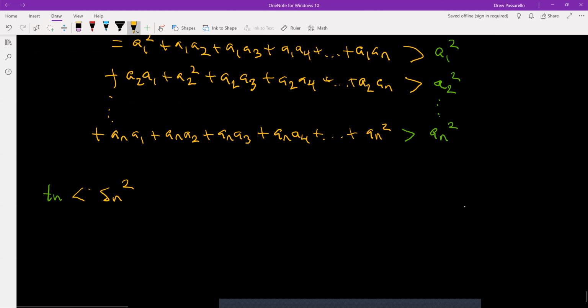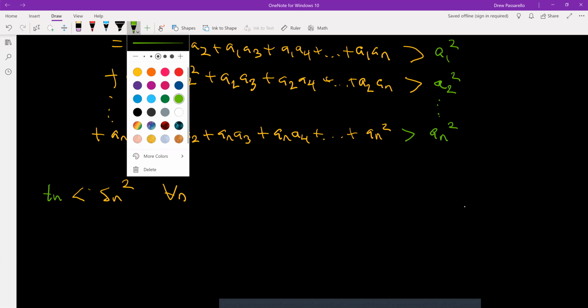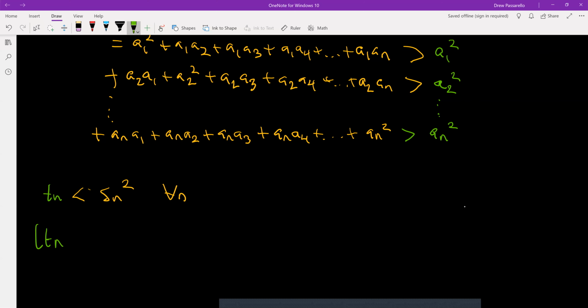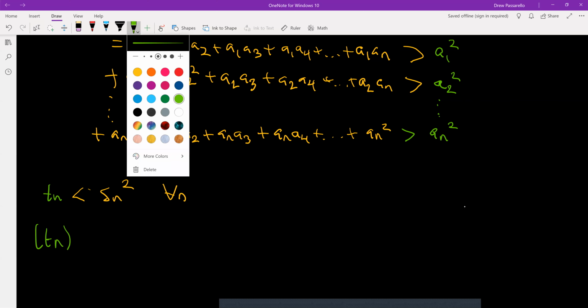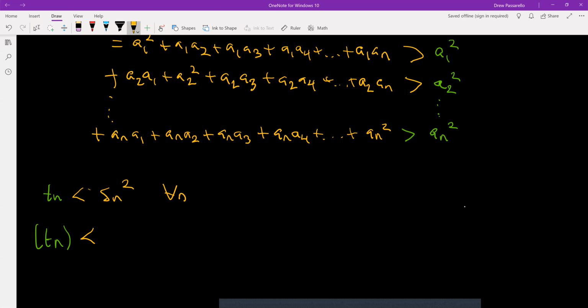And so for all n, the sequence Tn is going to be less than S squared, since that's the limit for the Sn squares.